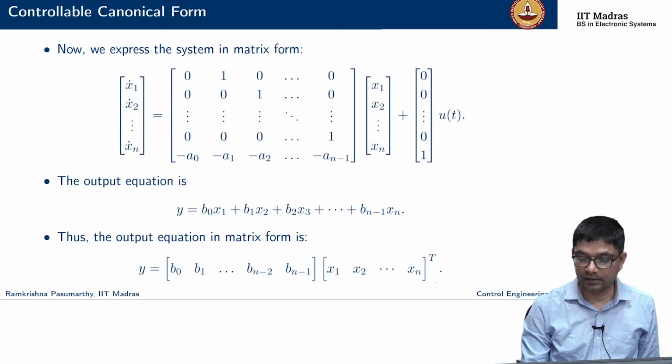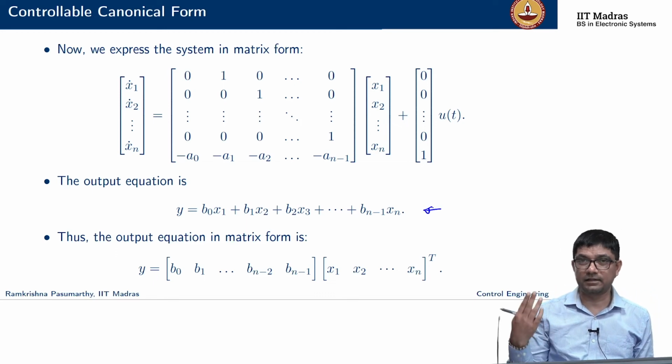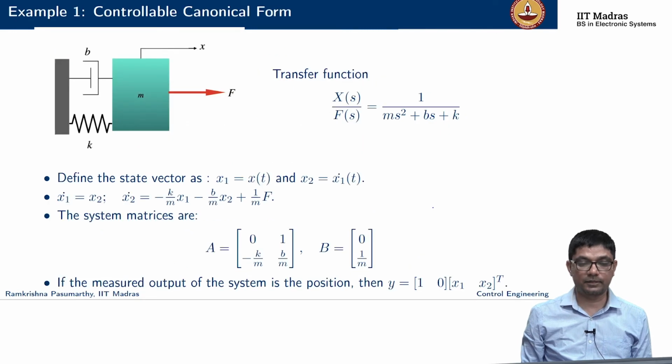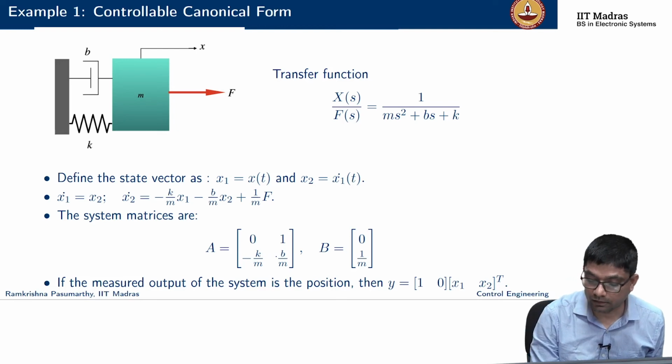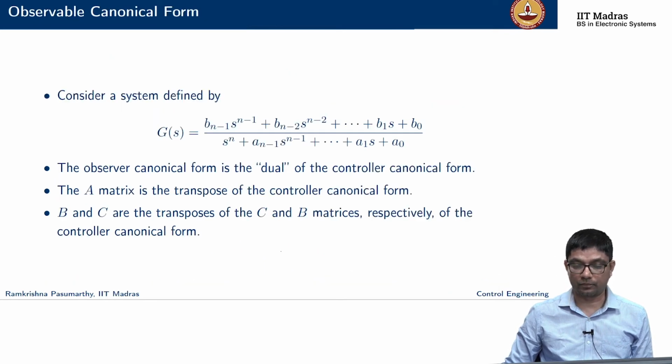So this just gives me an expression which is like this together with an output expression which is of this form. Again, we did this in one of our earlier state space motivating lectures. And we also had this example about the mass spring damper system, which was very neatly by itself in the controllable canonical form.